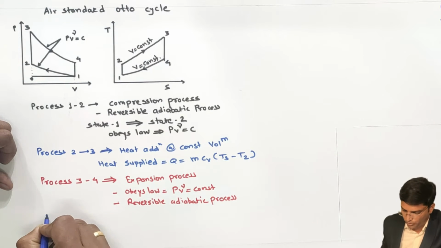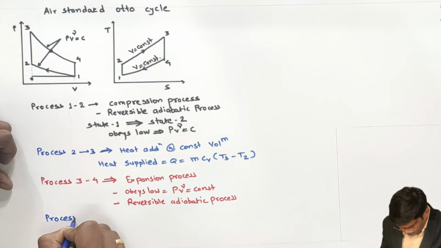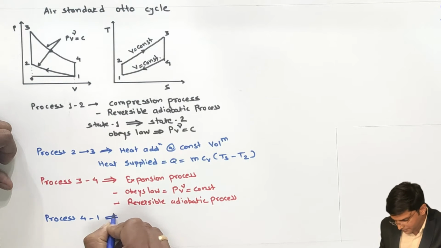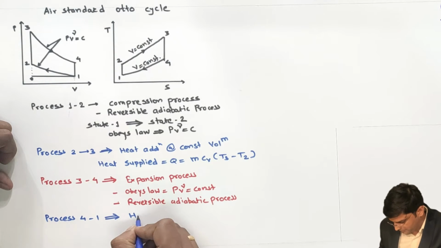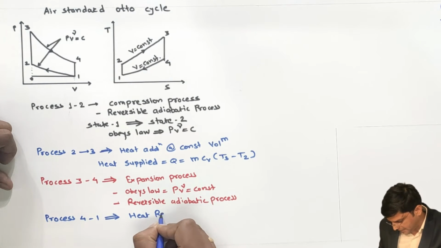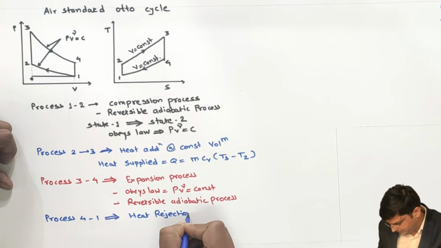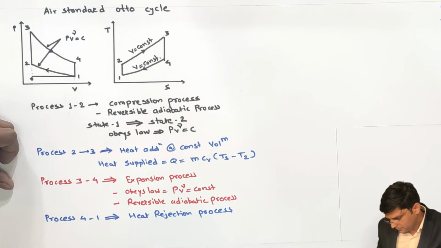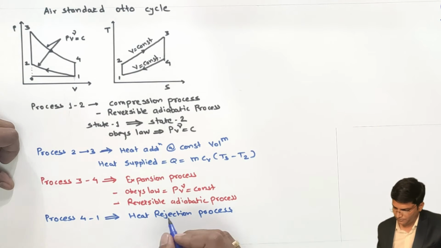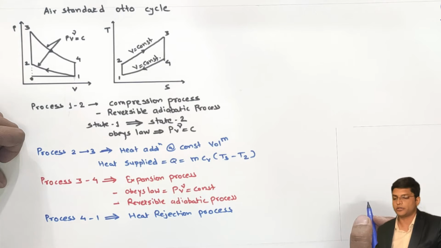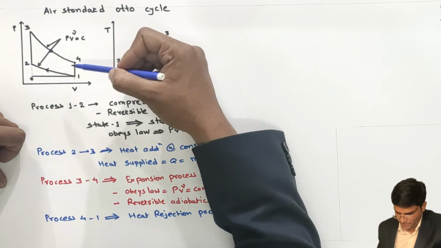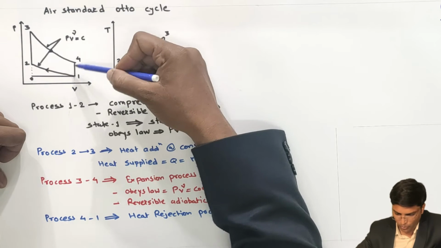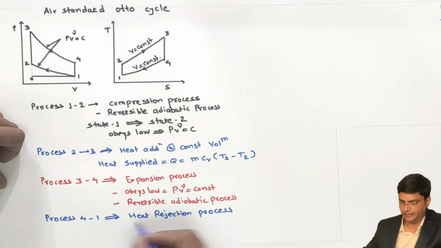Now the process 4 to 1. It is also known as the heat rejection process. Here also heat is rejected at constant volume. Hence we can see in this graph, for volume V, 4 to 1 is a straight line.